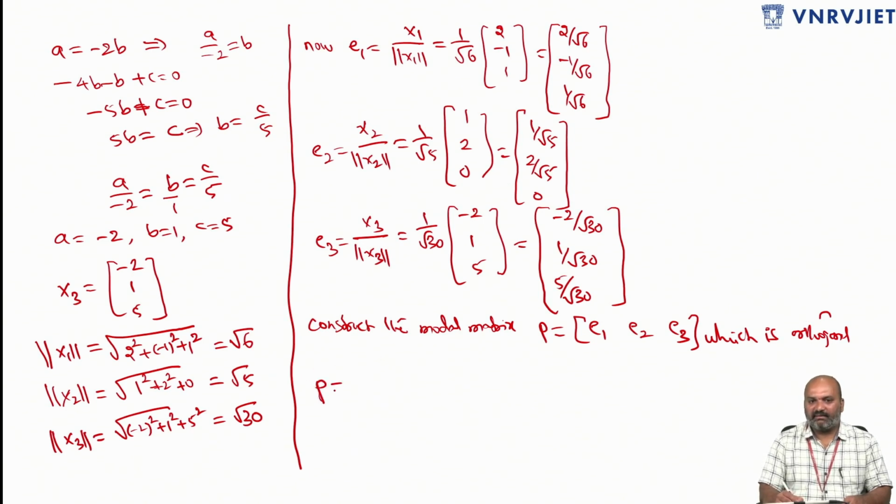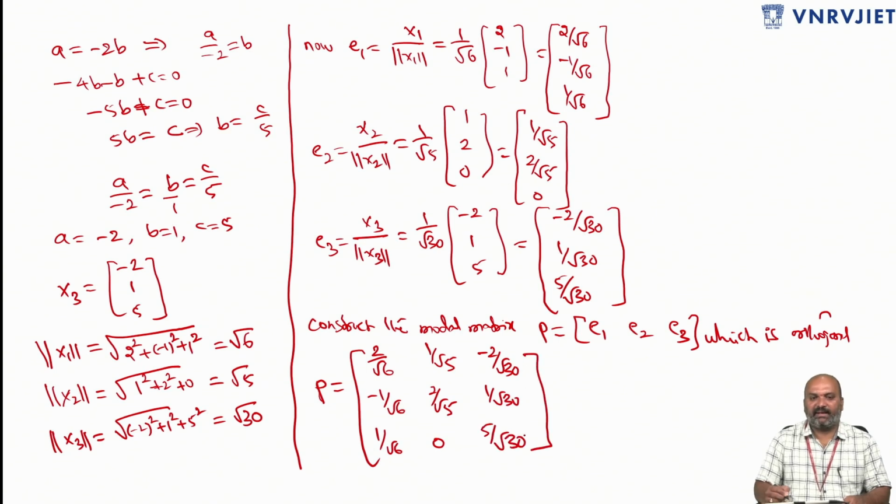Now, what is P? I am writing it here. It is 2 by root over 6, minus 1 by root over 6 and 1 by root over 6. Next, it is 1 by root over 5, 2 by root over 5, 0. And it is minus 2 by root over 30, 1 by root over 30 and 5 by root over 30.